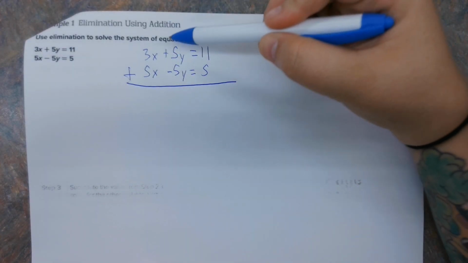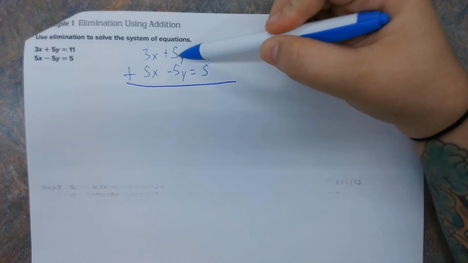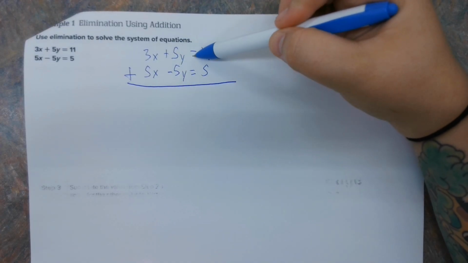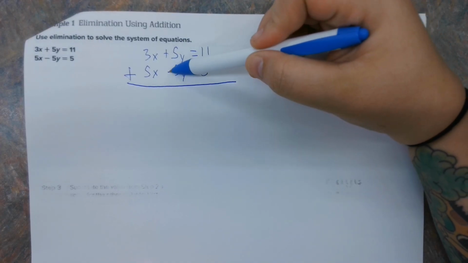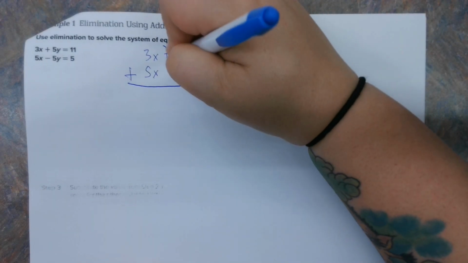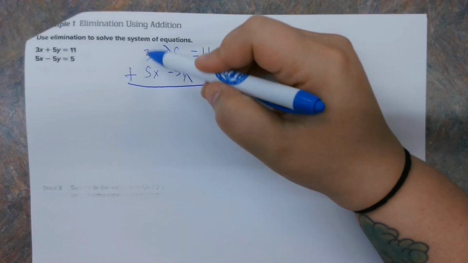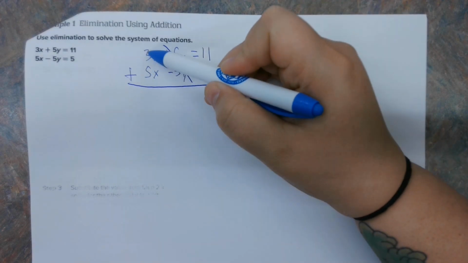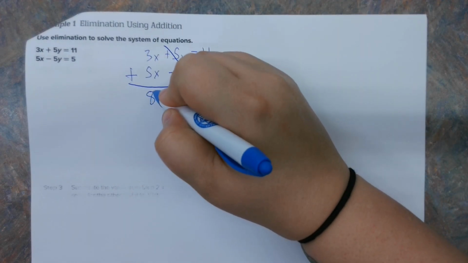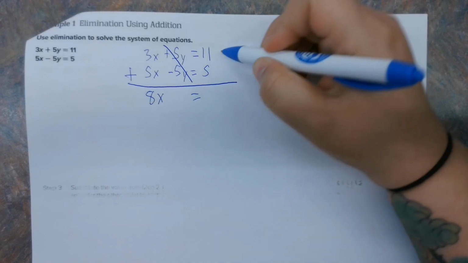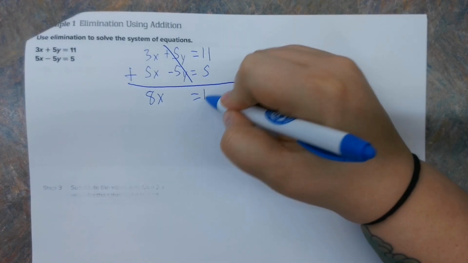So right here, because they are opposite signs, if I add positive 5y and negative 5y, they cancel out. So my y goes away. And now I can add everything else. 5 plus 3 is 8, so I have 8x equals 11 plus 5 is 16.